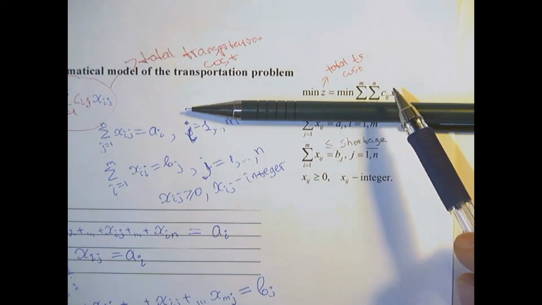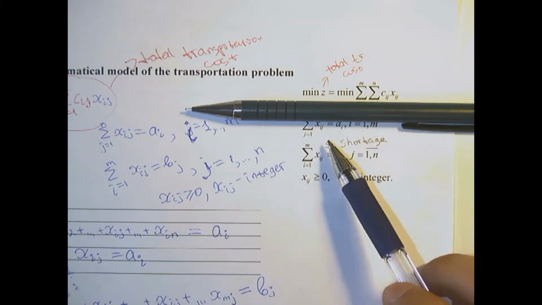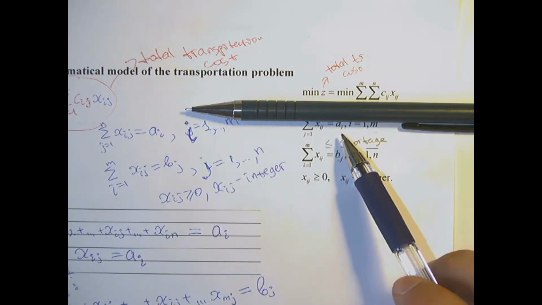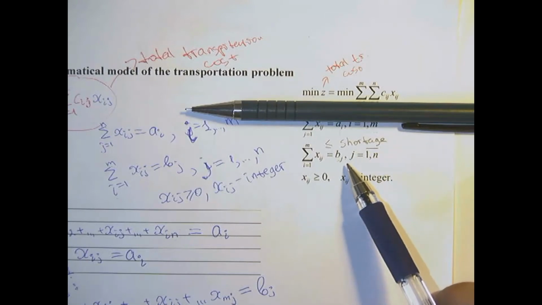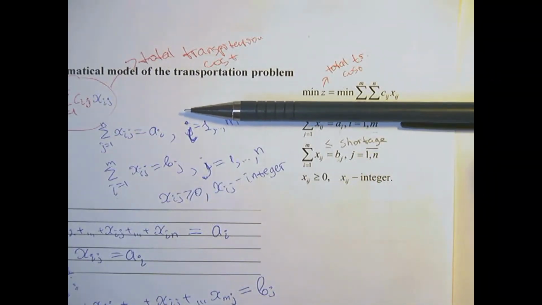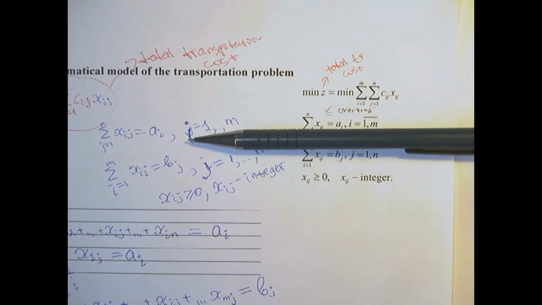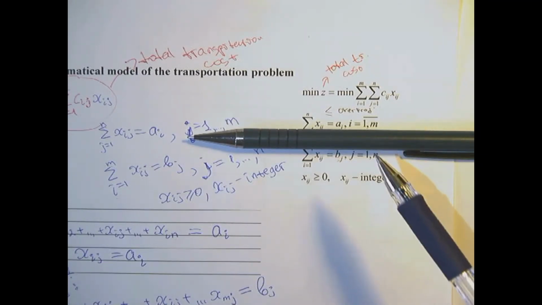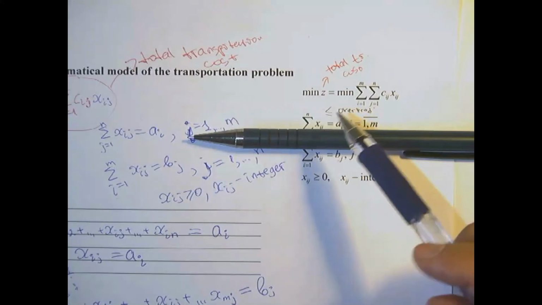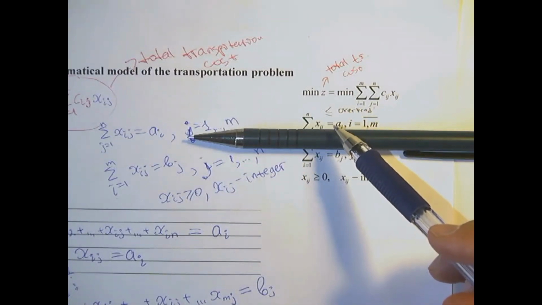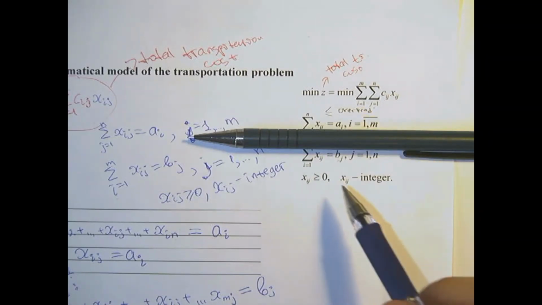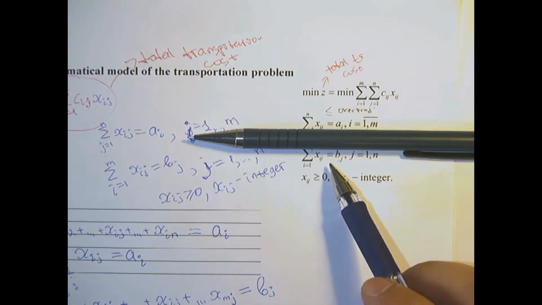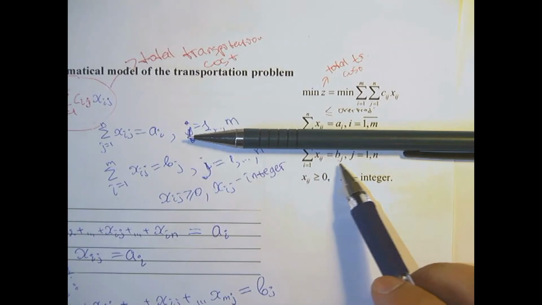When we minimize our objective function, there are equalities for the supply sides and inequalities for demand sides. When we consider the overproduction case, I hide such a change in the mathematical model. In the overproduction case, we change equality to inequality for the production sides, and we keep equalities for the demand sides.